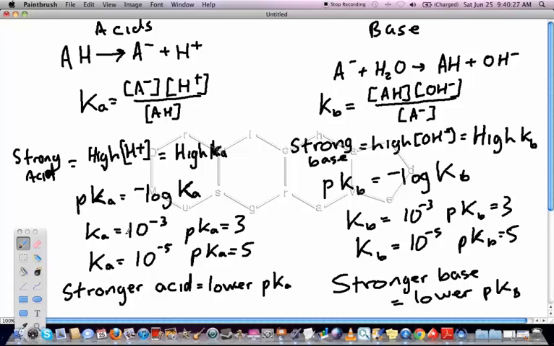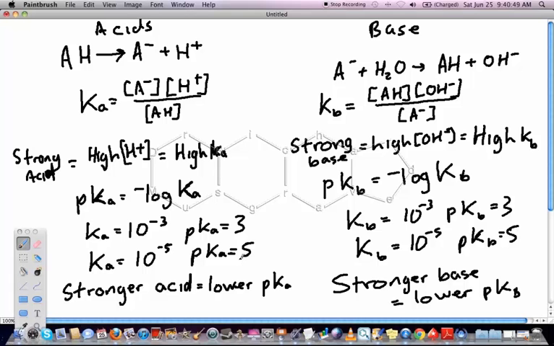Just a good rule of thumb here, if you want to take the negative log of something, and you've got 10 to the negative something, then all you need to do is just take the digit next to the negative sign. That will give you a pretty good estimate of what the pKa is. In this case, pKa is 3. In the case of the Ka being 10 to the negative 5, the pKa is 5.